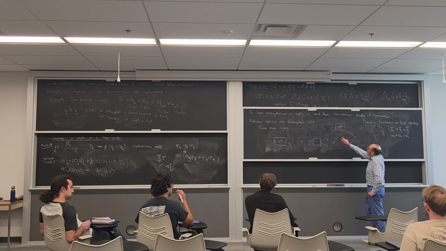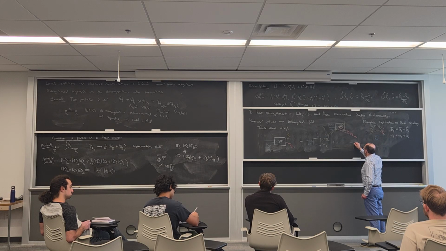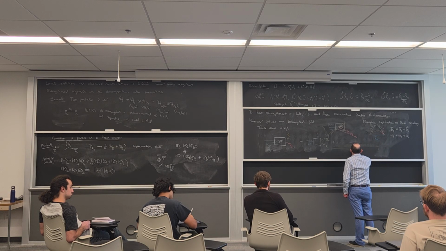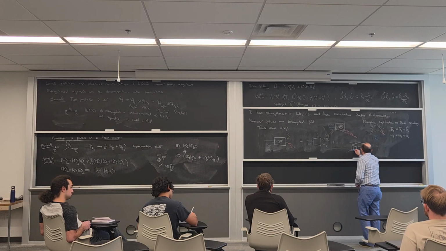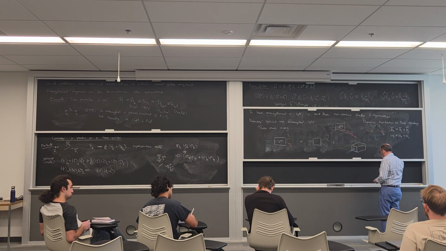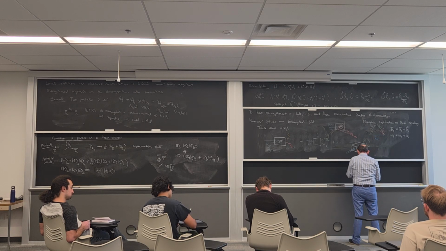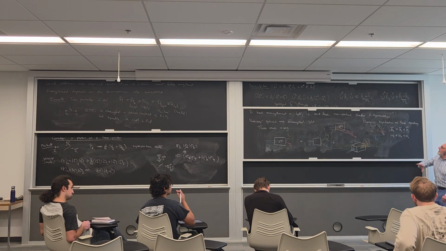So when I pump this crystal, I'll do my best to draw perspective here, and I pump it in this direction with a pump beam. What comes out of this system is a set of cones that is coming out.